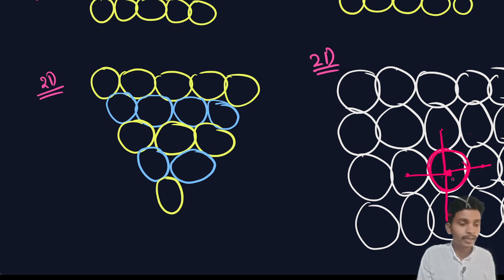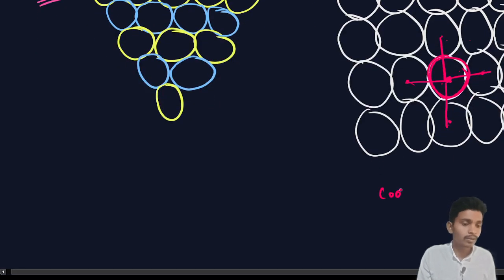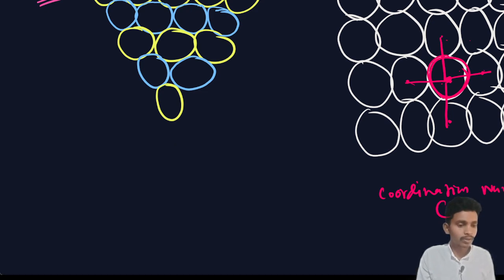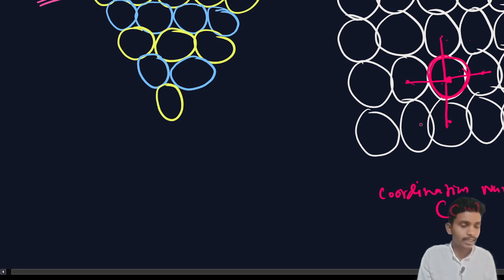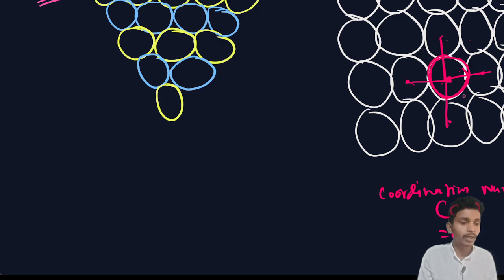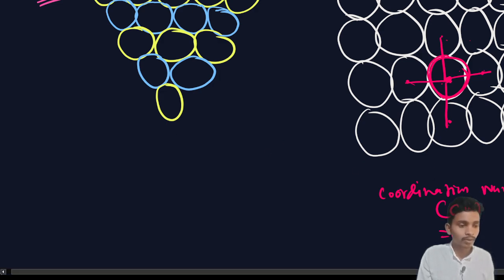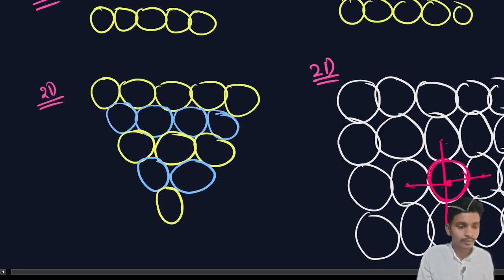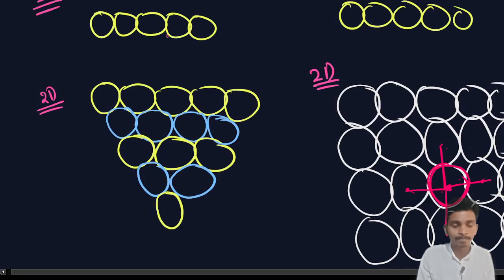So how many does it directly touch? That is 4. So here we say that the coordination number, or Cn, of this lattice point is equal to 4 because it touches 4 lattice points. So this is for the case of CCP.